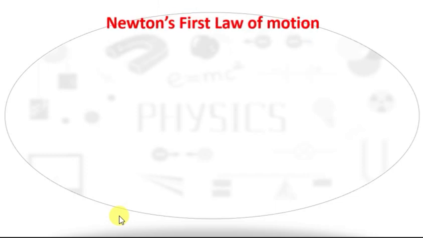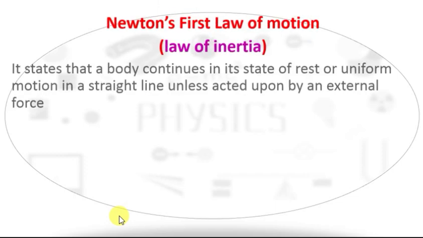We can start by looking at the first law, which is known as the law of inertia. It states that a body continues in its state of rest or uniform motion in a straight line unless acted upon by an external force. Now, to help you understand it, have you ever placed a stone or a ball on a piece of paper?